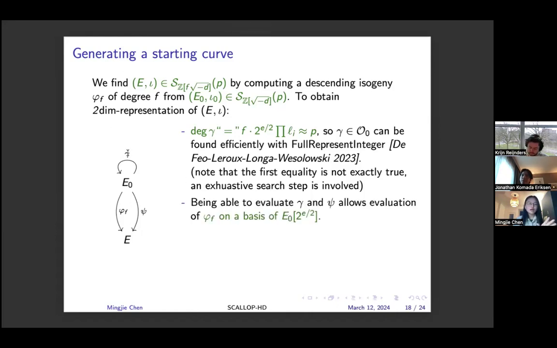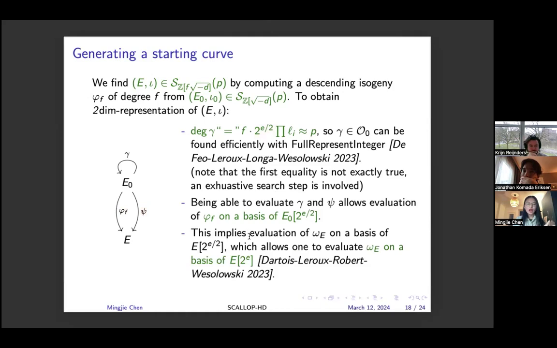So once we have found gamma, and since we made sure that the degree of phi is also power smooth, then we will be able to evaluate gamma and evaluate phi on a basis of the 2 to the e torsion of E0. That will allow us to evaluate phi f on the 2 to the e over 2 torsion of E0. There we have half of the torsion loss because here we have this factor that we cannot remove.